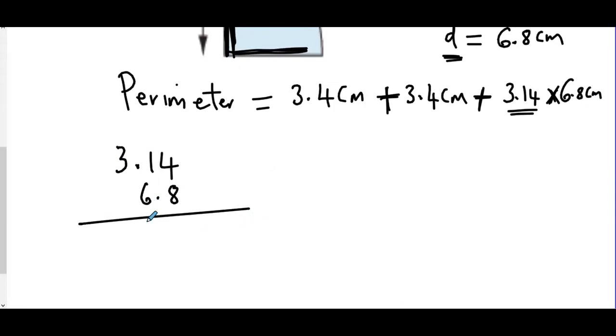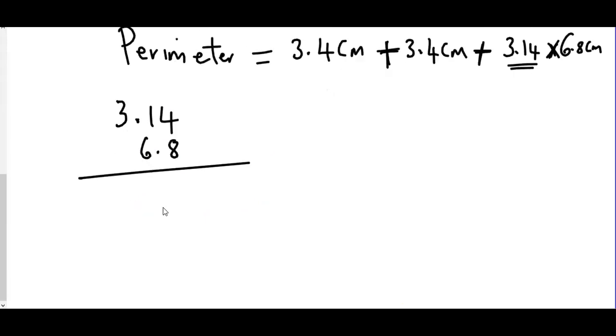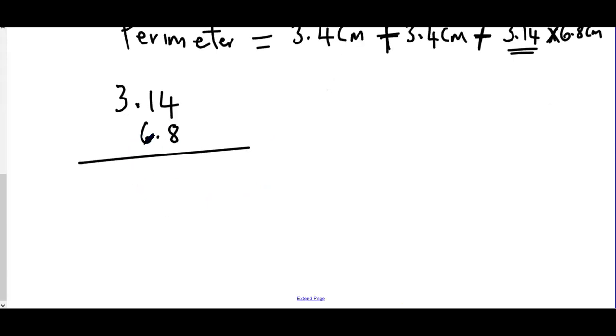So what I'm going to do, start this way. 6 times 4, this is 24. Carry 2, 6 times 1 is 6. Add 2, that is 8. 6 times 3 is 18. So 6 times 4, 24, 8, 18. Then do 8 times 4. This is 32.